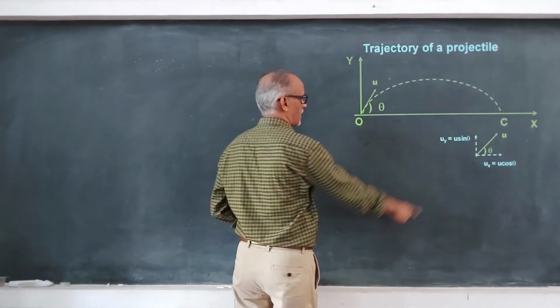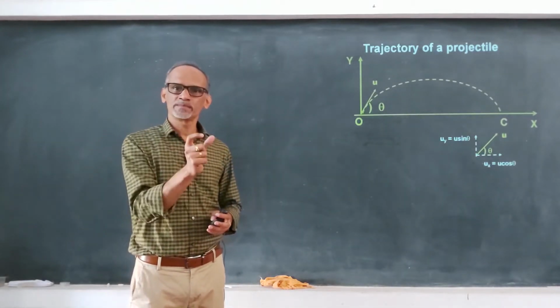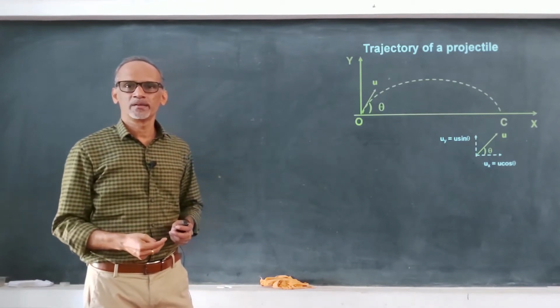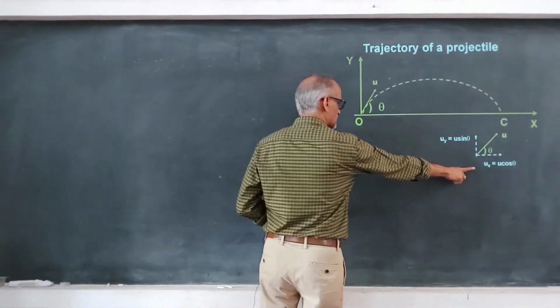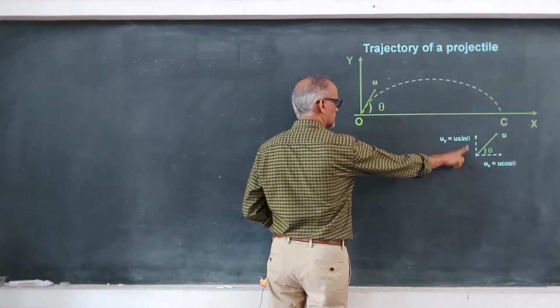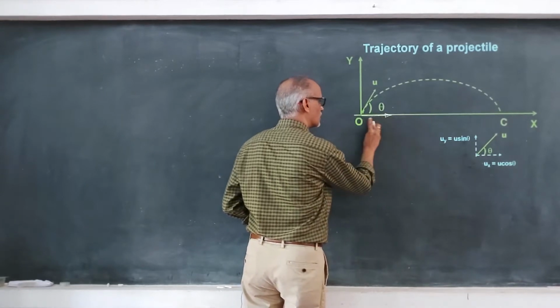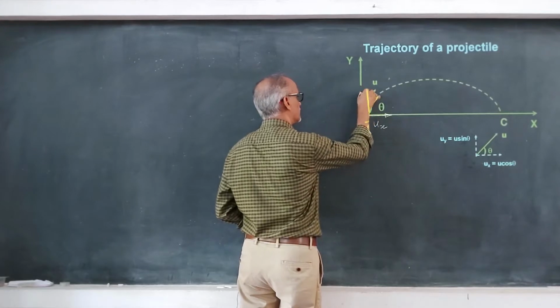Along the vertical, it is uy, because u stands for initial velocity and y stands for the axis along the vertical direction. uy is u sin theta. Therefore, this is the initial velocity along the horizontal, and this is the initial velocity along the vertical. The initial velocity along the horizontal is ux, and along the vertical it is uy.